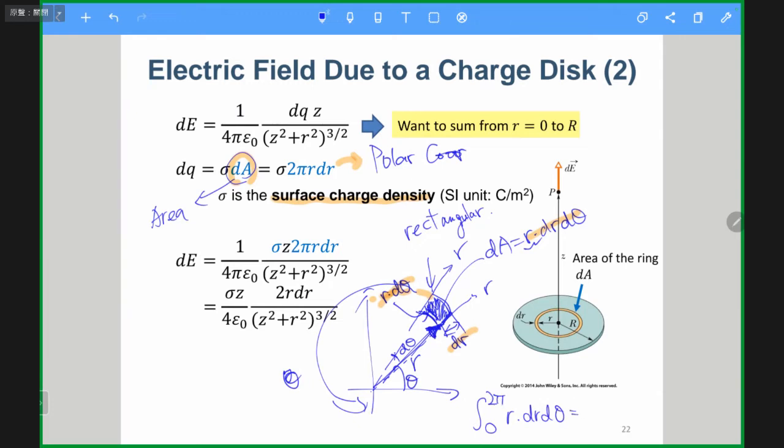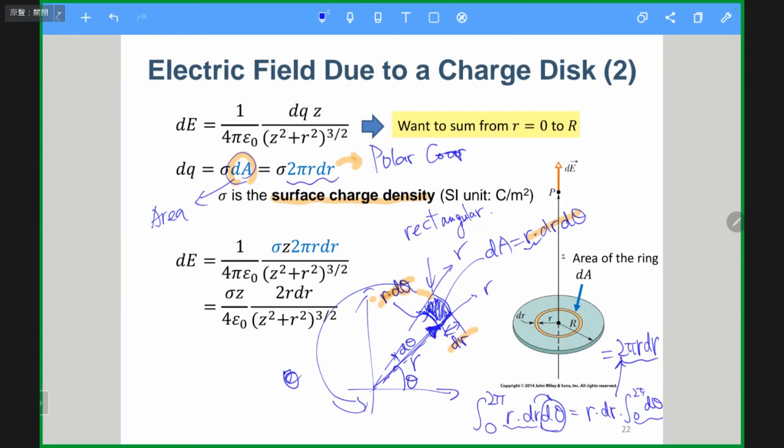And r dr is independent of theta. So we will have r times dr times the integration from 0 to 2 pi of d theta. And this is nothing but 2 pi. So it turns out to be 2 pi r dr. And this is what you can see here.